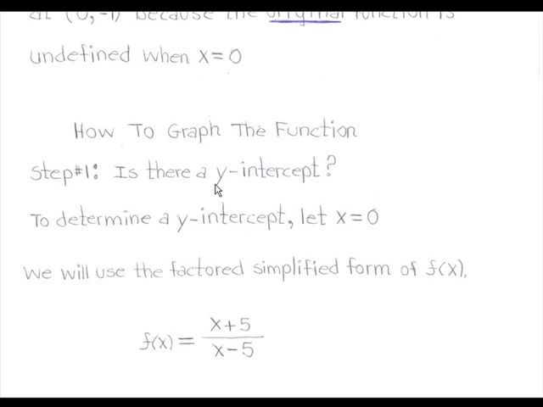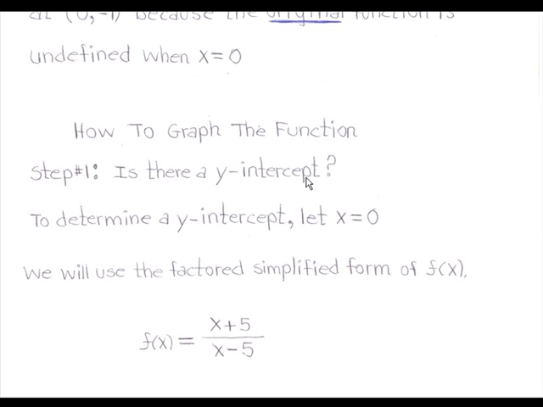In step 1, we want to determine, does the function have a y-intercept? In this case, does it cross the y-axis? So the minute I say y-intercept, you should be thinking x is equal to 0, because on the y-axis, x is always equal to 0.